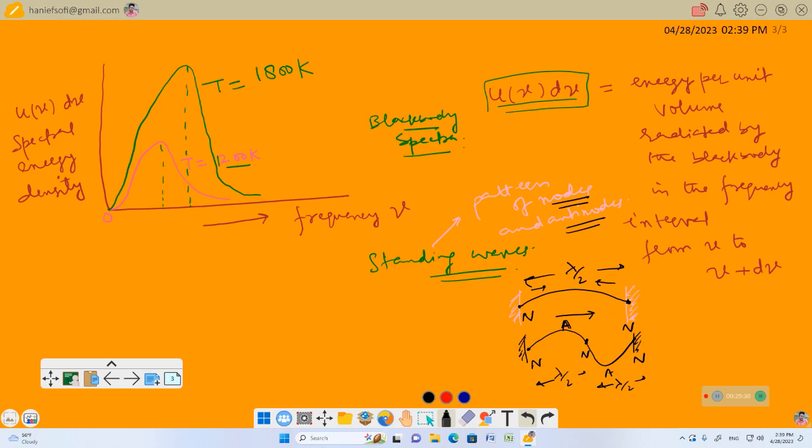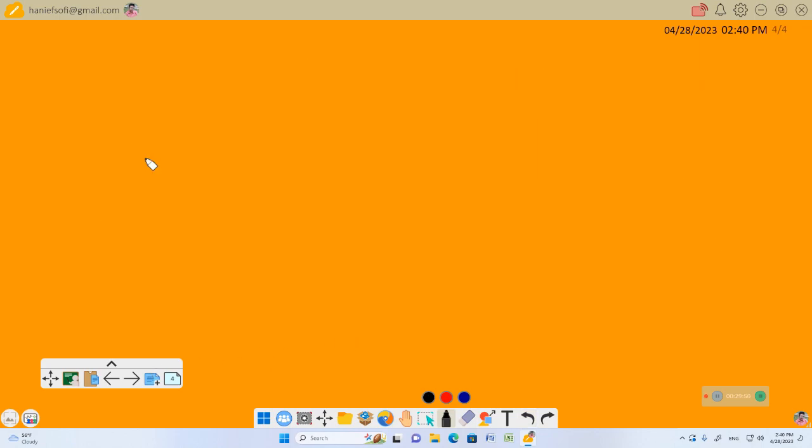Now, Rayleigh and Jeans calculated the number of independent standing waves in the frequency interval between nu and nu plus d nu per unit volume. Let me write it. So, Rayleigh and Jeans did what?